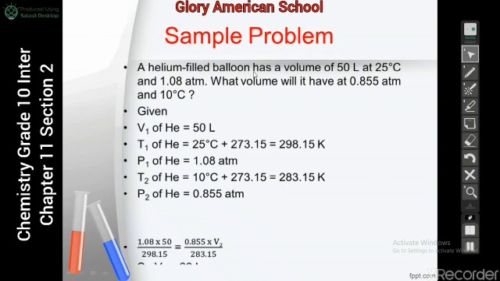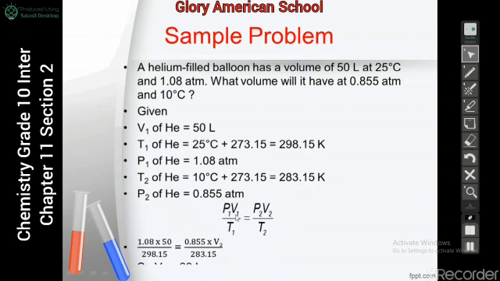A helium-filled balloon has a volume of 50 liters, which is V1, at 25 degrees Celsius, which is T1, but we are going to convert it to Kelvin, and 1.08 atm, which is P1. What volume, V2, will it have at 0.855 atm, which is P2, and 10 degrees Celsius, which is T2, but we are going to convert it to Kelvin first.